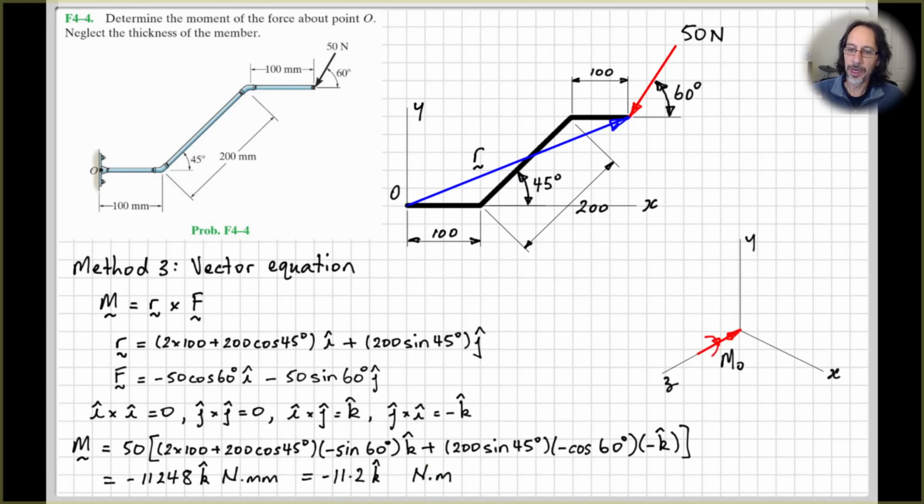And just a reminder that because it's in the k direction, the vector is actually along the z axis. Using our right hand rule, looking down the z axis at the x and y axes, that's a clockwise rotation. All right, so that's the end of the problem.